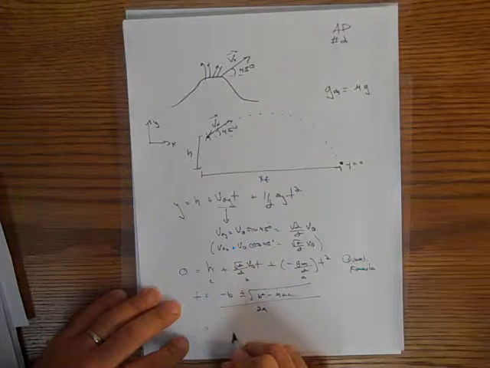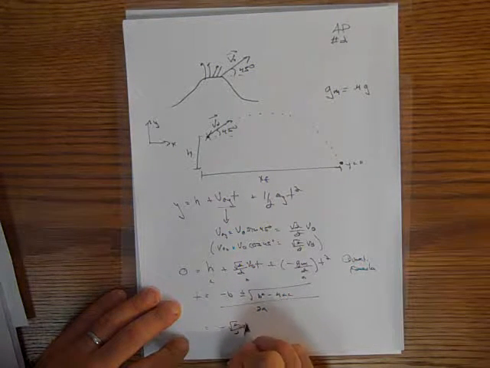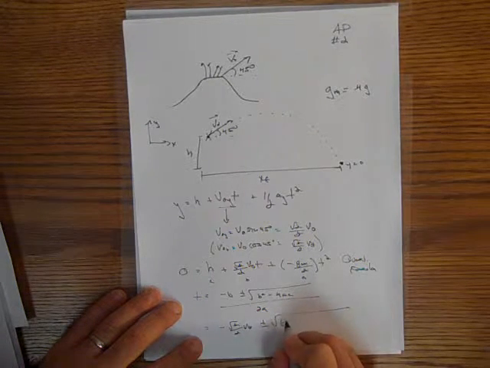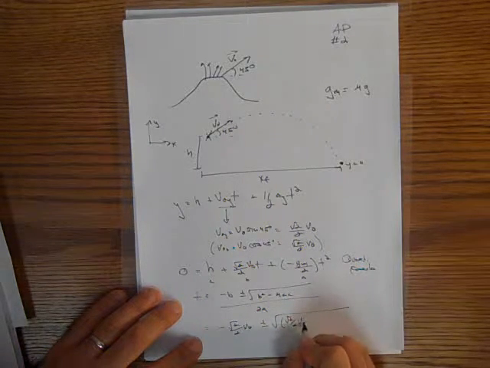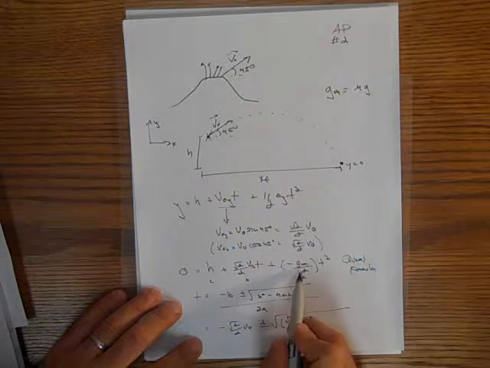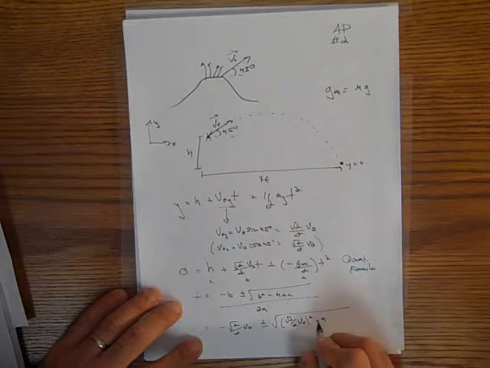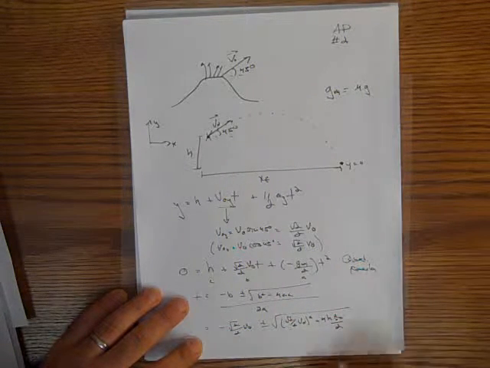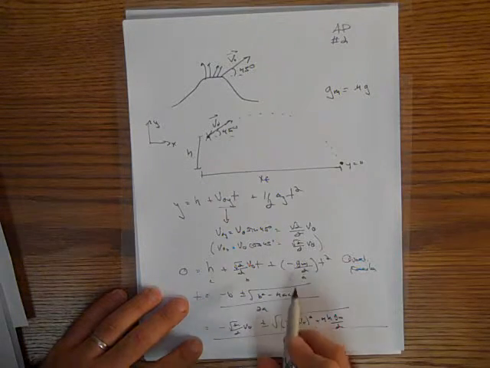So the opposite of b is minus root 2 over 2 v0, plus or minus the square root of root 2 over 2 v0 squared minus 4ac. Well, since a is negative, it's plus 4h gm over 2, divided by 2 times a.